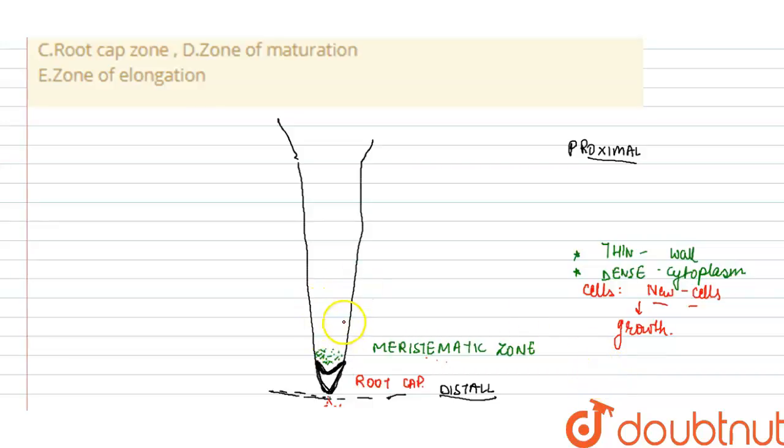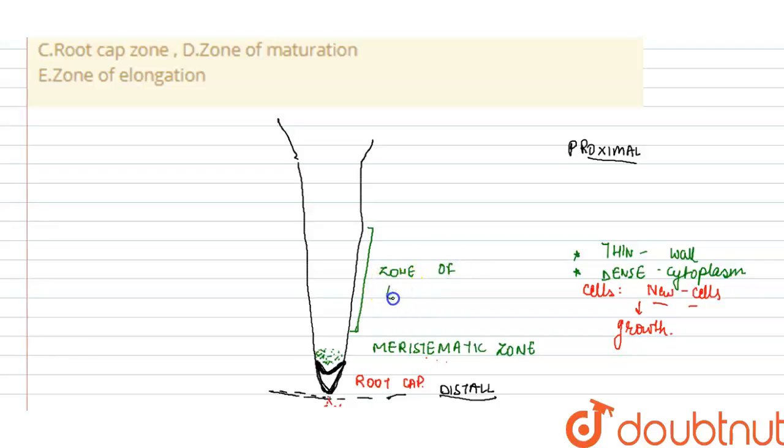Just proximal to the meristematic zone, there is a zone where cells elongate, and hence this is known as the elongation zone, or the zone of elongation.